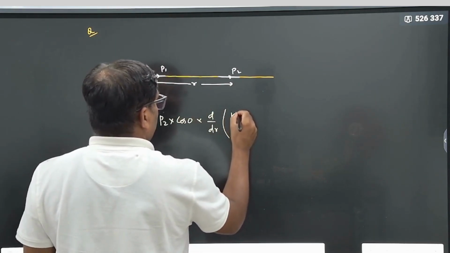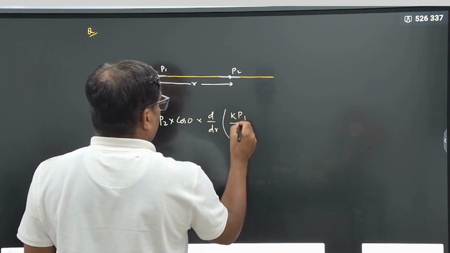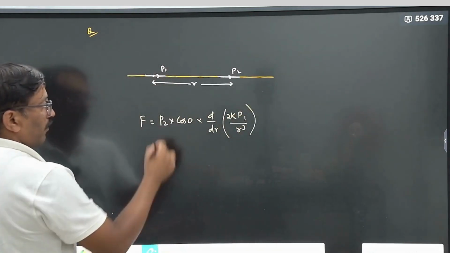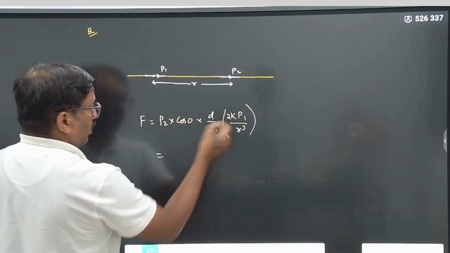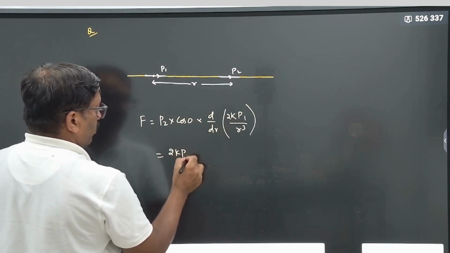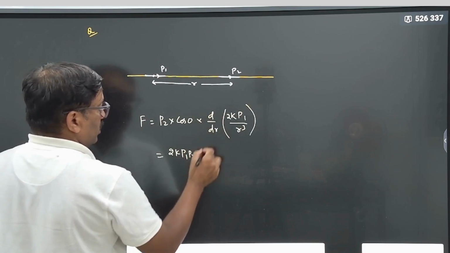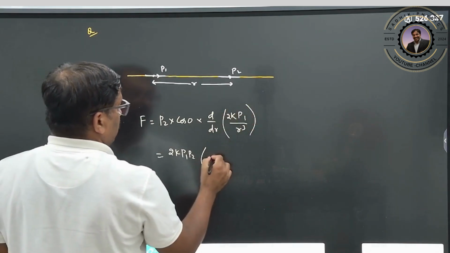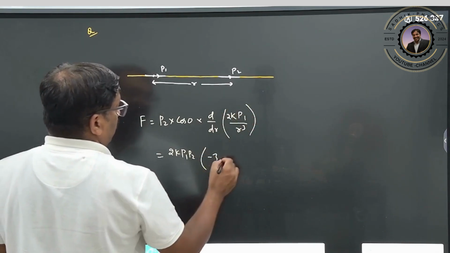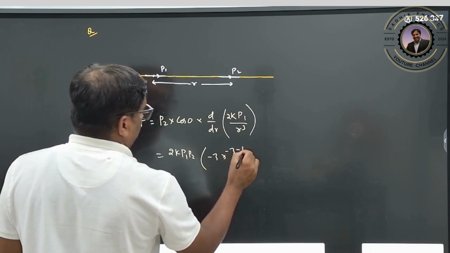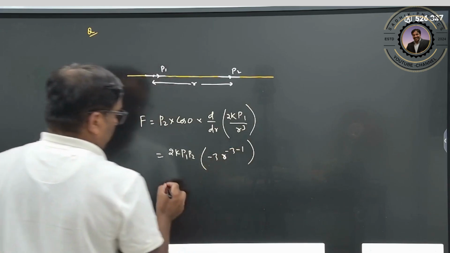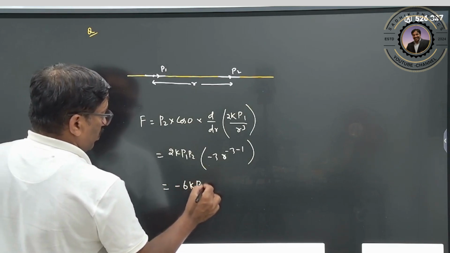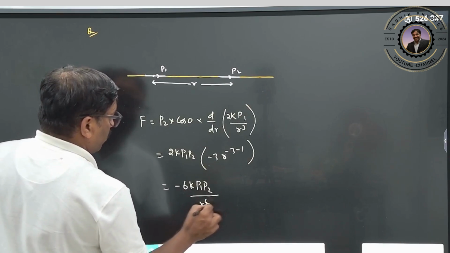K into P1 by r cube, on the axial line, clear. So, you can rewrite it as, cos 0 is 1, therefore 2k into P1 P2 into differentiation of r cube, so minus 3 into r to the power of minus 3 minus 1, clear. So, what you will get now? Minus 6k P1 P2 divided by r to the power of 4.